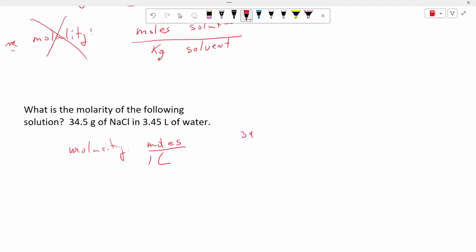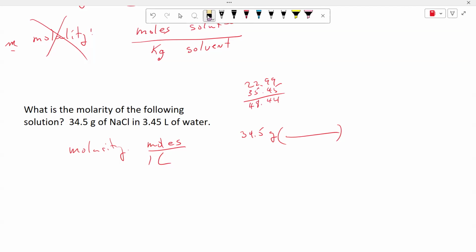So we're going to have 34.5 grams. Sodium is what? Is it 22.99? And chlorine is like 35.45.